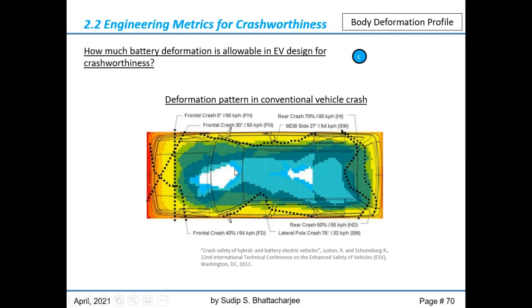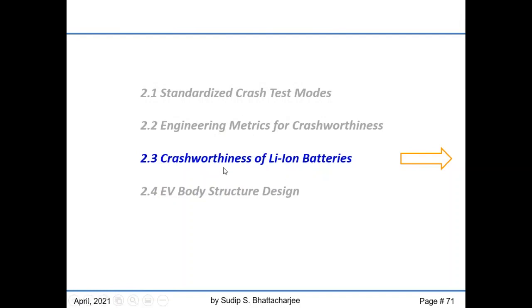That means the deformability of this battery system comes into the discussion for engineers. That's why I'm giving it the title, Crashworthiness of Lithium-ion Battery. By crashworthiness, my objective here is to find out how much deformation I can allow in the battery system.